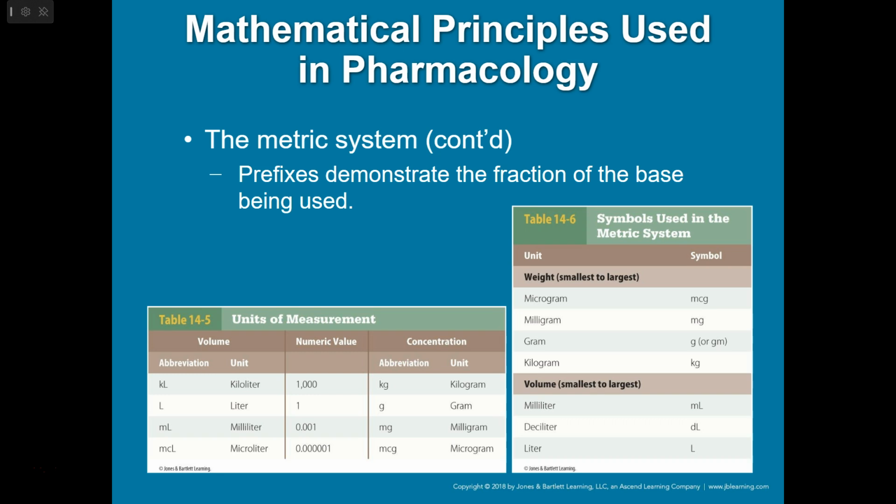A milliliter would be 1/1000th of a liter, and a microliter would be 1/1,000,000th of a liter. Grams, same thing there on the right of table 14-5, and then 14-6 there. We use a lot of micrograms. Milligrams kind of gives you the symbol that you're going to use whenever you abbreviate those.